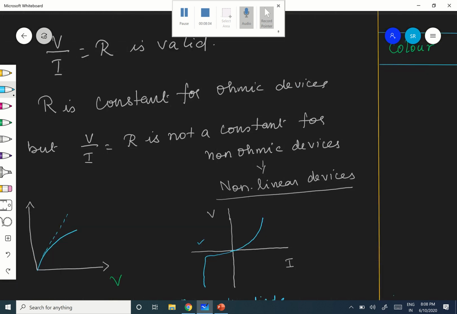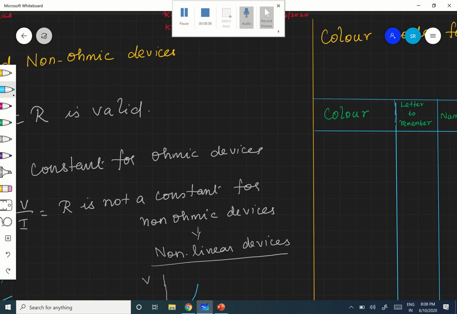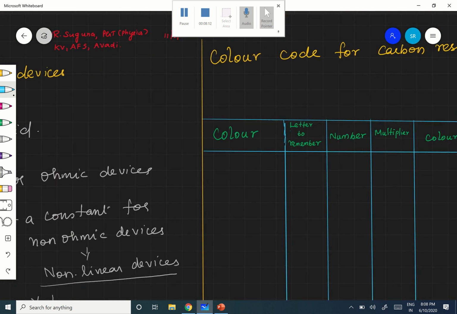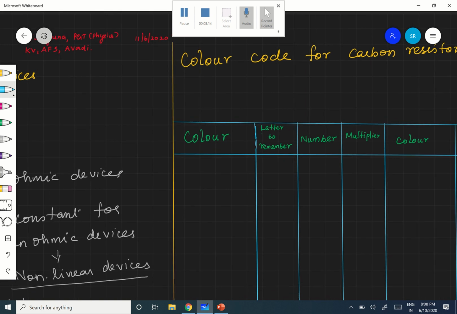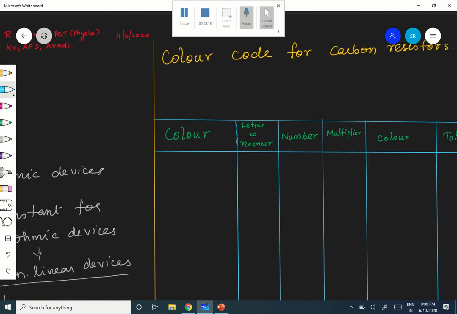Okay, right. Next very important topic. Now we are going to see the color code for common carbon resistors. Resistors are very much useful; for all the electronic circuits and electrical circuits, we use resistors.